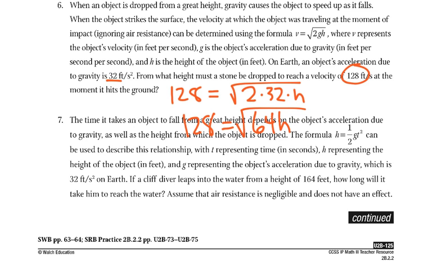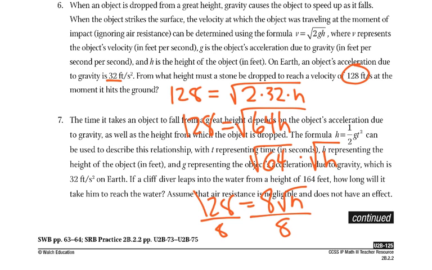Okay, now there's two ways we can attack this problem. We can realize that we know what the square root of 64 is. So we could split that up to the square root of 64 times the square root of h, and then the square root of 64 would be 8. And so then we would go 128 divided by 8, and we'd get something equals the square root of h.